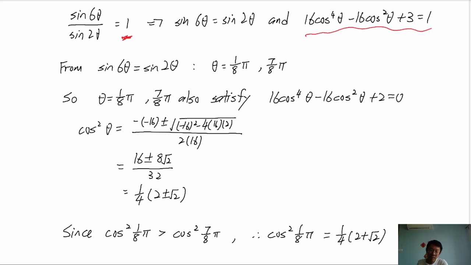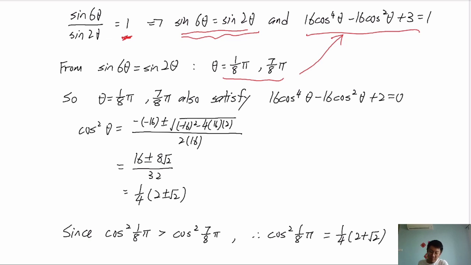It means the value of theta which satisfies sine 6 theta equals sine 2 theta should also satisfy this equation. From the first equation, we know two of the roots would be 1 over 8 pi and 7 over 8 pi. So these are two values which will also satisfy this equation.